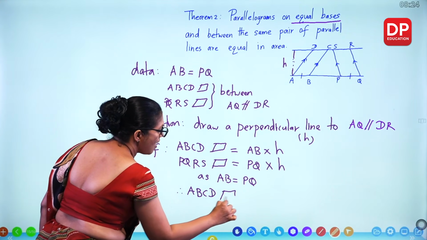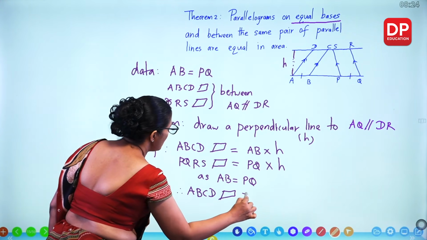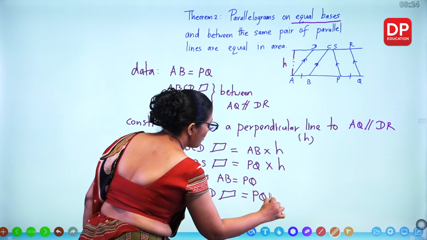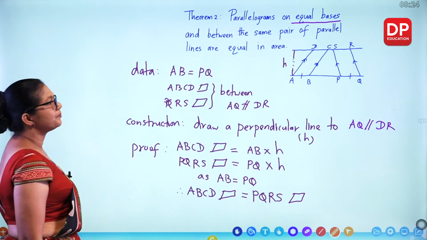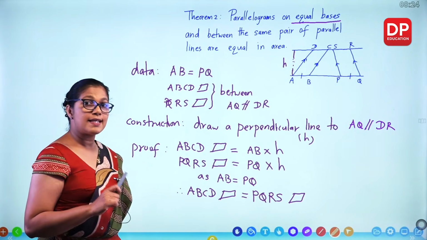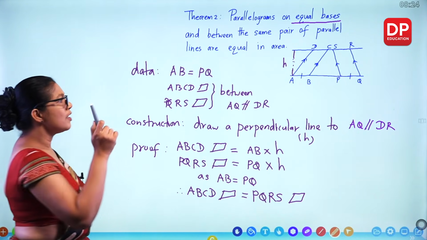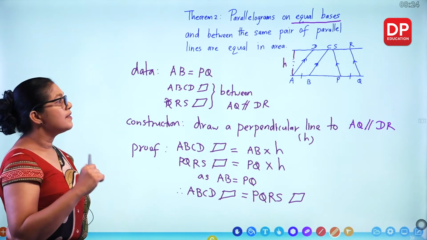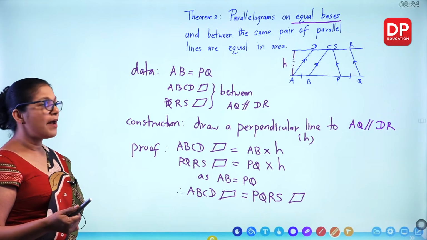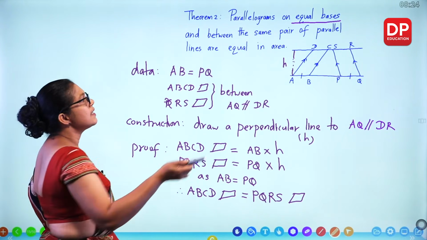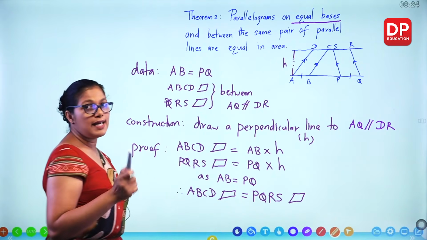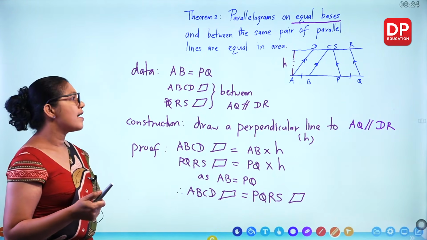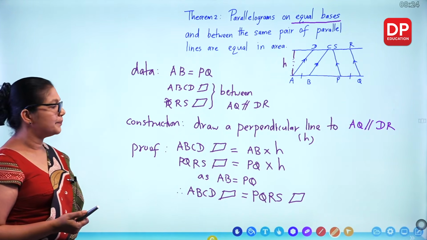ABCD area is equal to PQRS parallelogram. So in this case, theorem 2, two parallelograms are in between same pair of parallel lines, but not the same base. The bases are equal, but areas are equal as well.